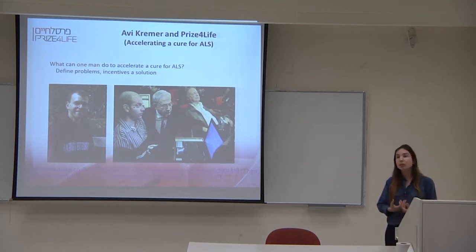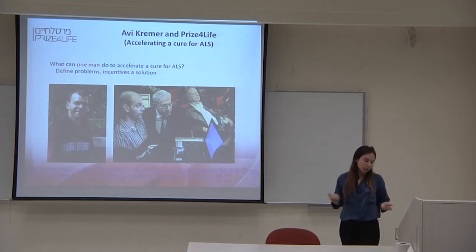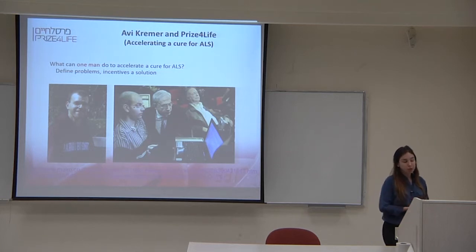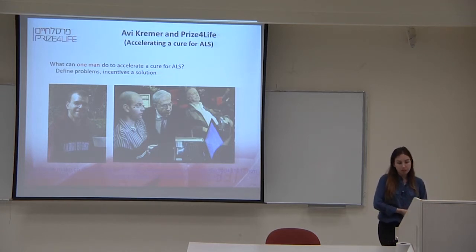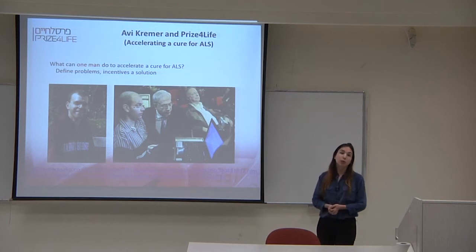His way to deal with that, physically and emotionally, was to start Prize for Life, a nonprofit. It would utilize all of his capacities and network to accelerate the development of treatment. And the way he chose to do it is through a prize model, and that's why it's called Prize for Life.